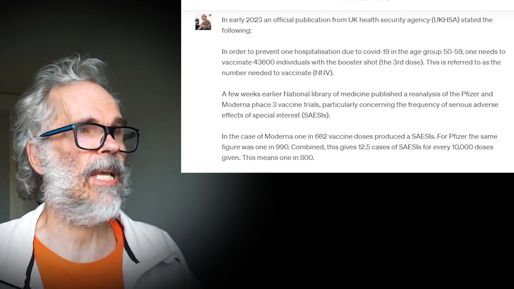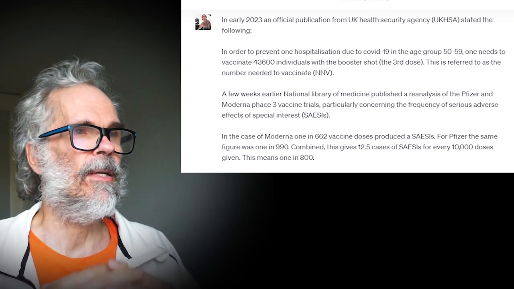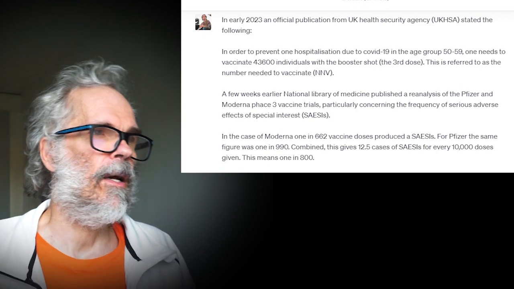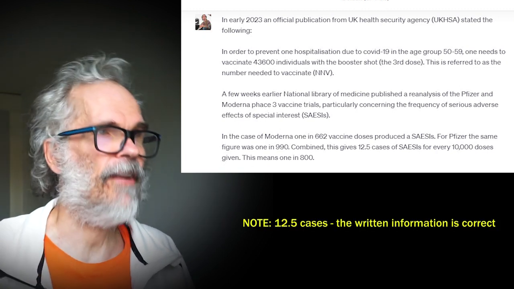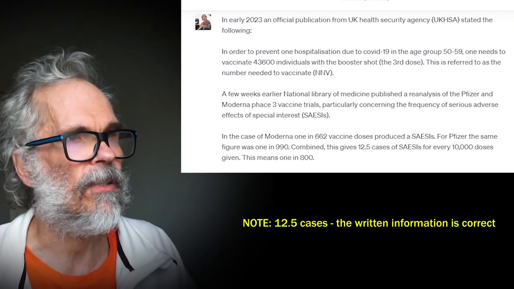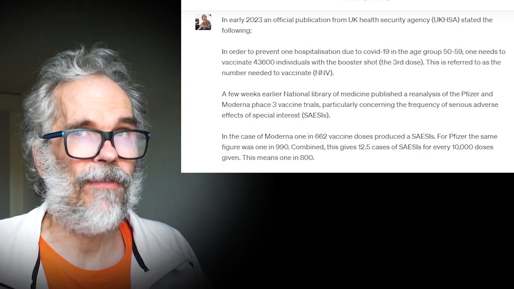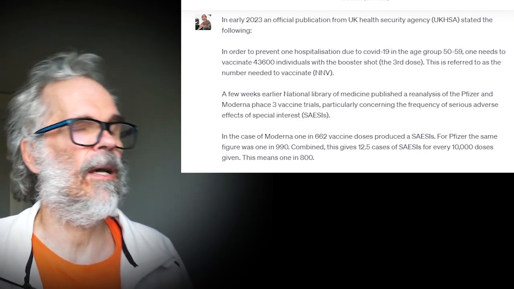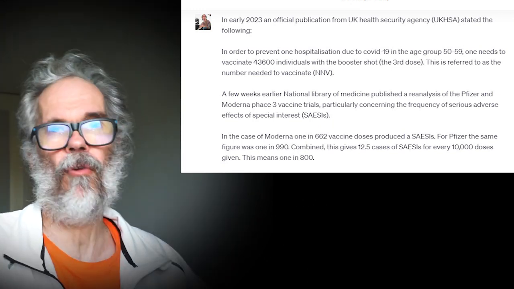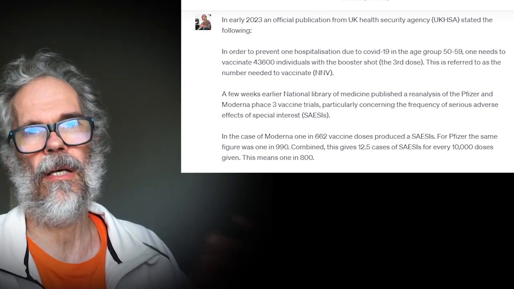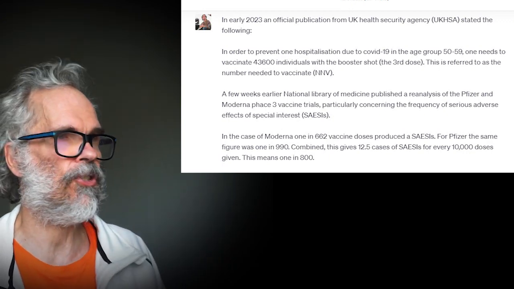For Pfizer, the same figure was 1 in 990. Combined, this gives 25.5 cases of serious adverse effects of special interest for every 10,000 doses given, and that translates to 1 in 800. So I already talked about this. This is the calculation how this figure was reached.